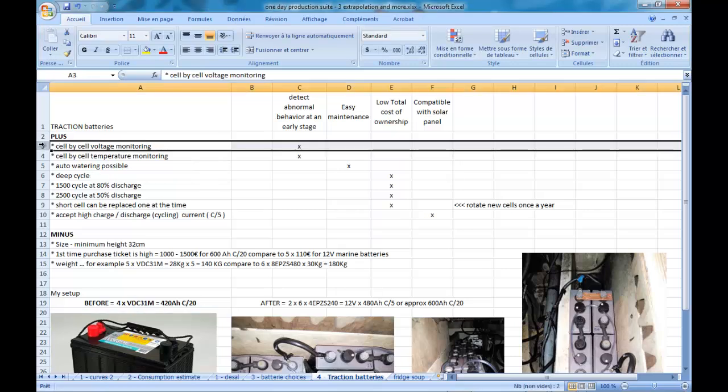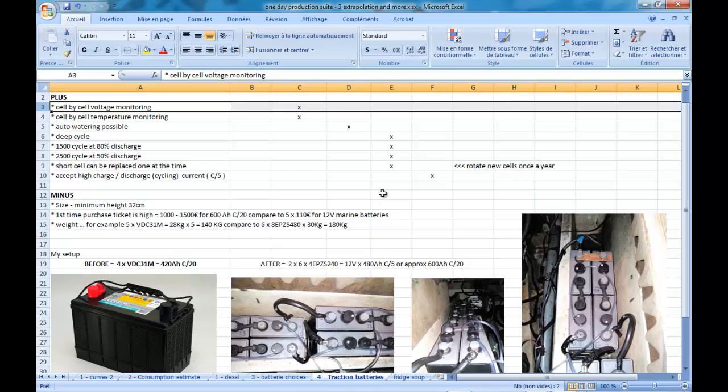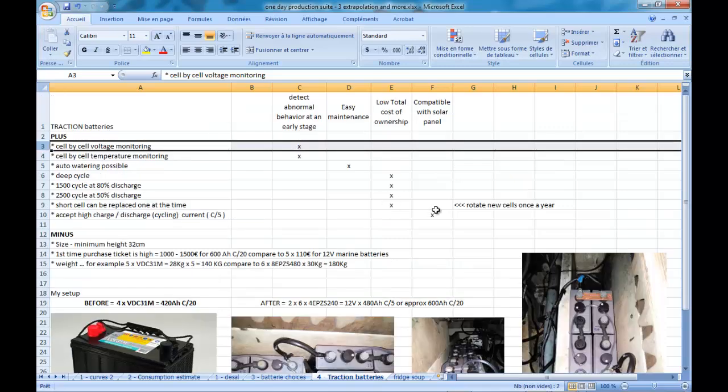Now you can monitor each. So you see those are 2 volt batteries put in series. I get 2 on this and 4 on this side. So 2, 2, 2, 2, 2, 2, 2, 2. You have 12 here, 12 here in parallel, and that makes 12 volt, 480 amp hours. Now because there is an assembly of 2 volt single cells, you can do cell by cell voltage monitoring.